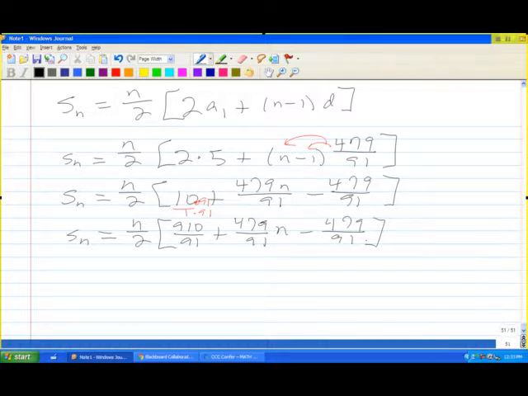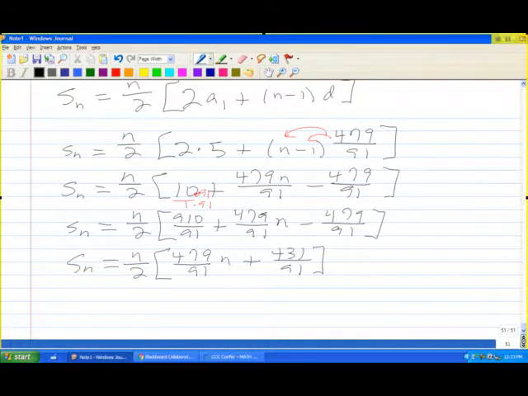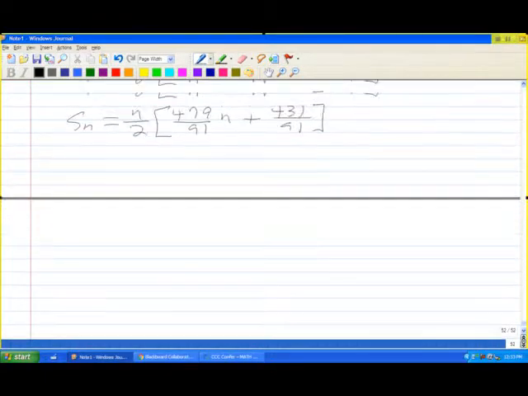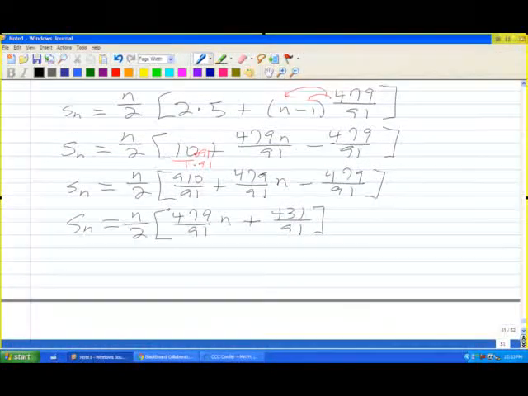Okay, so they'll still look relatively horrible. And so this is equal to 479 over 91n plus 910 minus 479, 431 over 91. I guess let's factor out the 479 over 91.